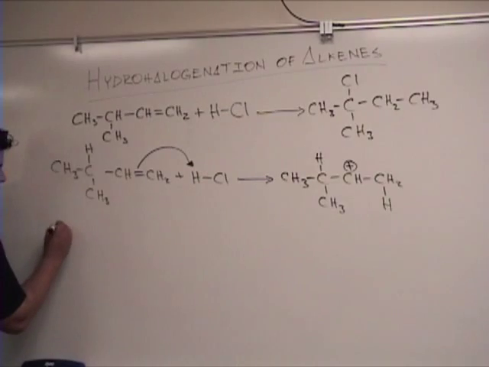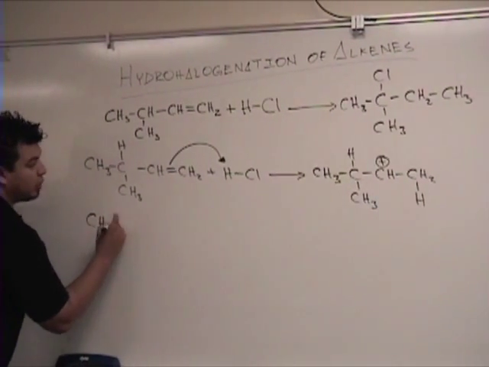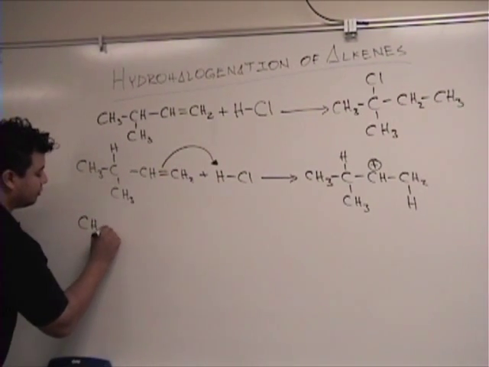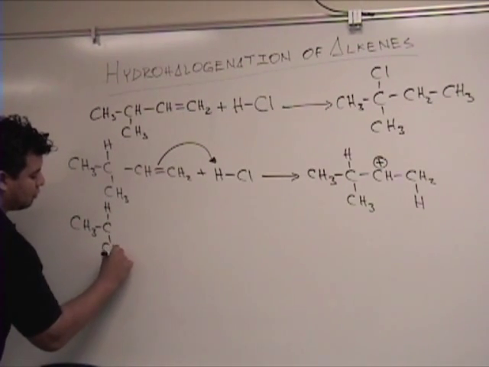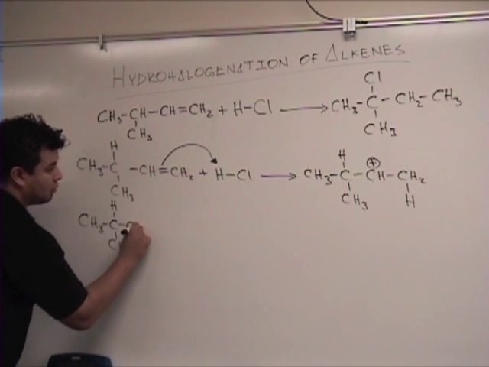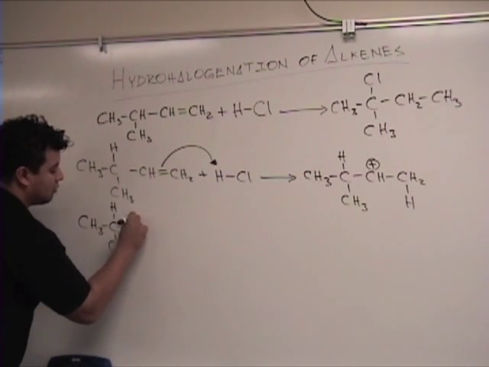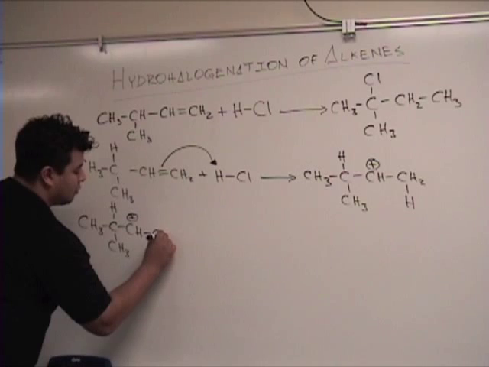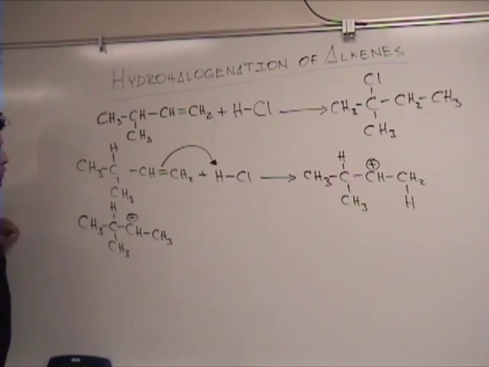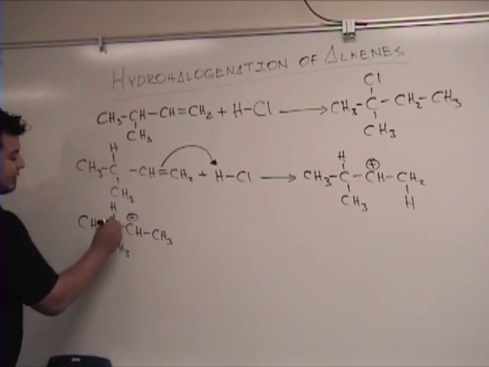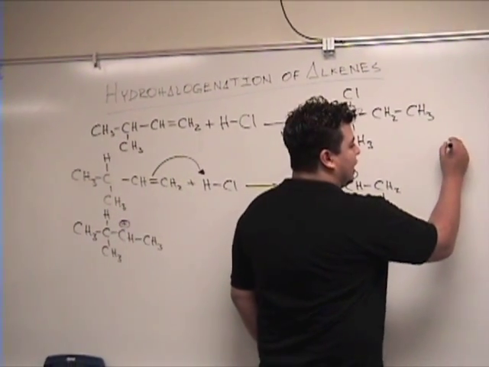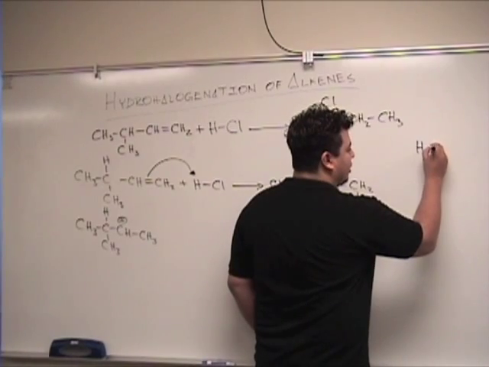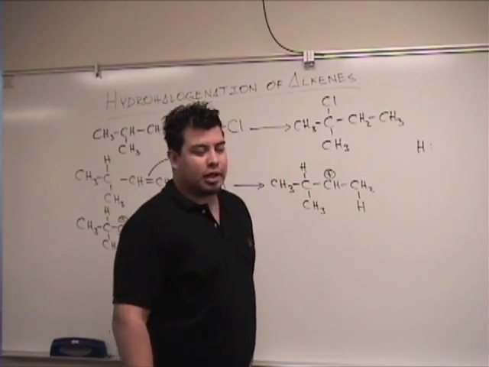So what's going to happen is we have that right there. And what's going to happen is this hydride, we have to remember that hydride is the hydrogen with the 2 electrons.